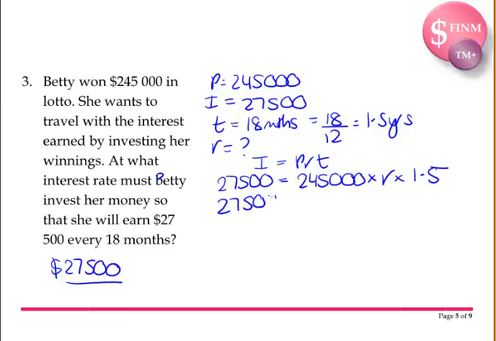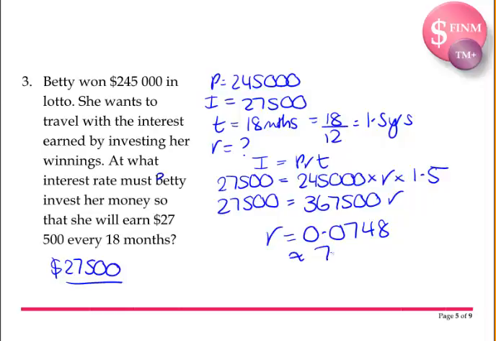So you get 27,500 equals 245,000 times 1.5, which gives me 367,500 R. We then divide both sides by 367,500, and we get 0.0748, which is approximately 7.5%.